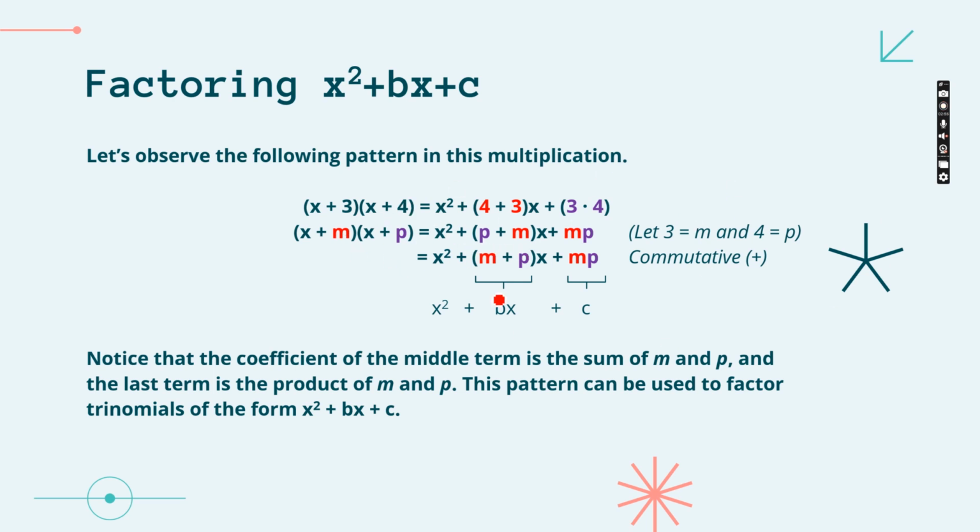We are just adding m and p together and multiplying m and p together. So if we know what m and p are, we can convert x squared plus bx plus c into its original version before we expanded it: x plus m times x plus p.